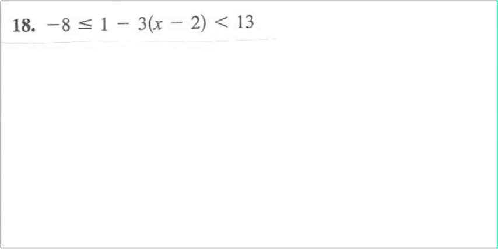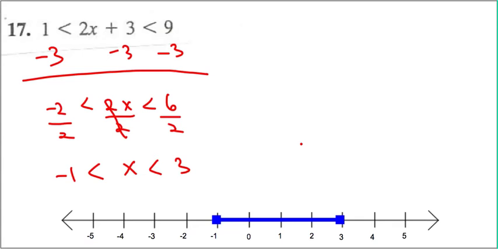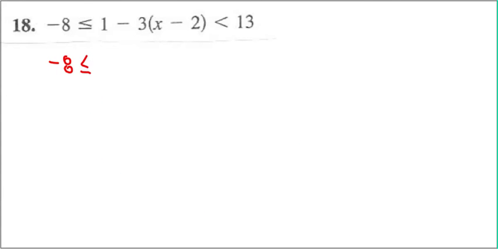Same way as before, but we're going to distribute -3 and then simplify inside first. So -8, which is less than or equal to, by the way, the previous question, it has to be an open circle because of the underline. And then 1 minus 3x plus 6 is less than 13.